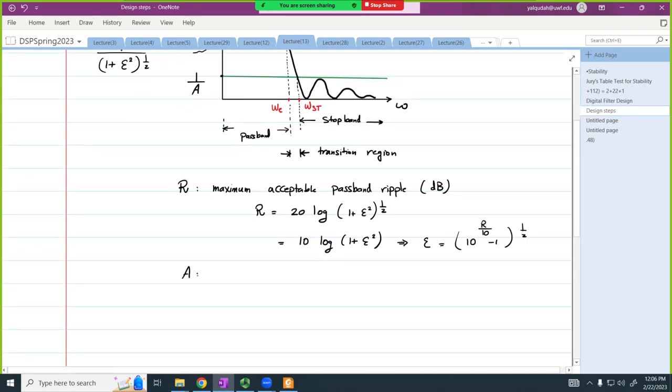A, as we said, is a measure of minimum acceptable attenuation. And omega stop divided by omega cutoff is the transition ratio.